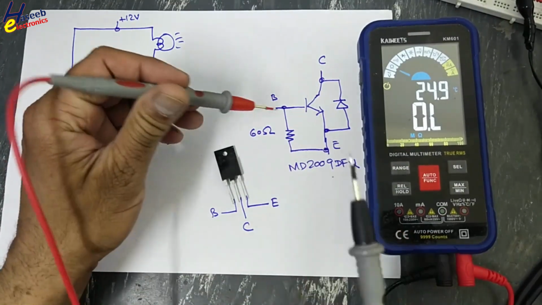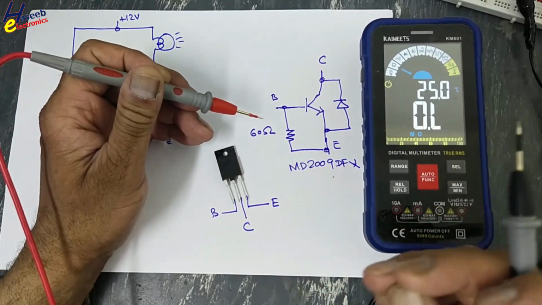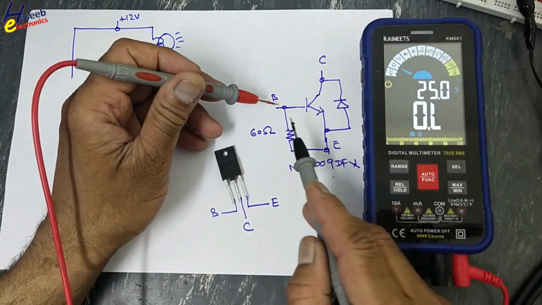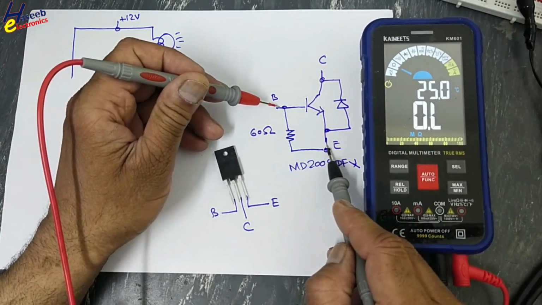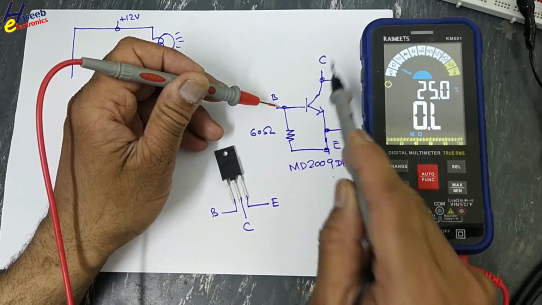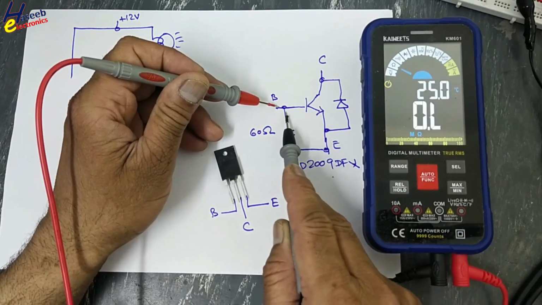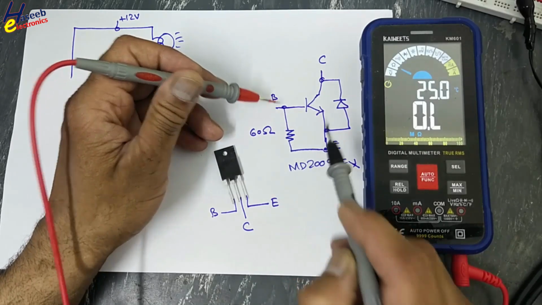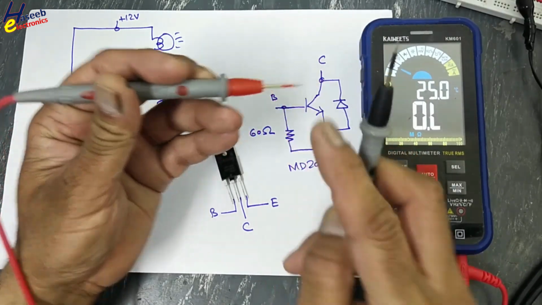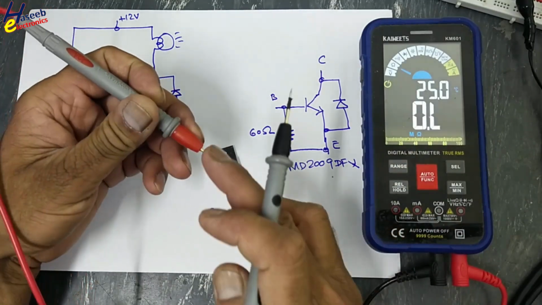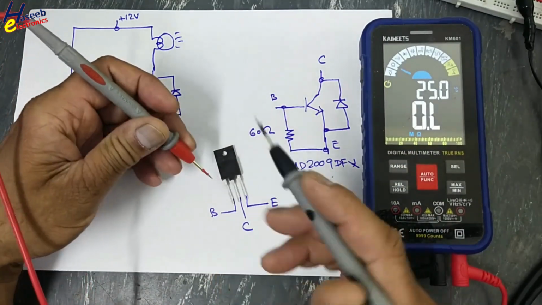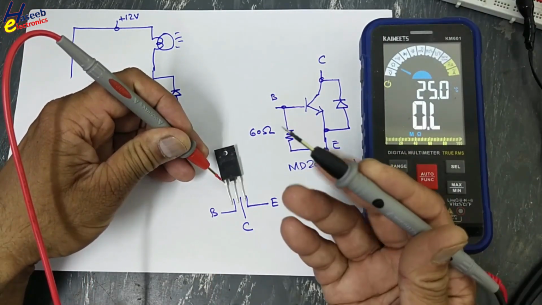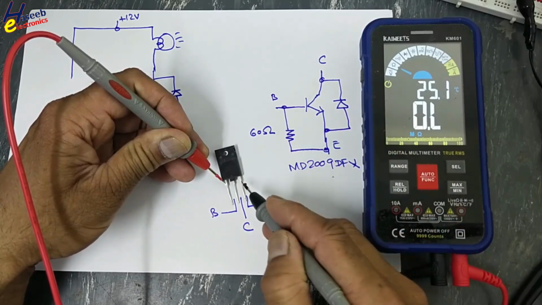It is an NPN transistor. For any NPN transistor, we test base to emitter and base to collector. In this condition, there is a resistor connected between base and emitter. Red test lead at base, black test lead at emitter.